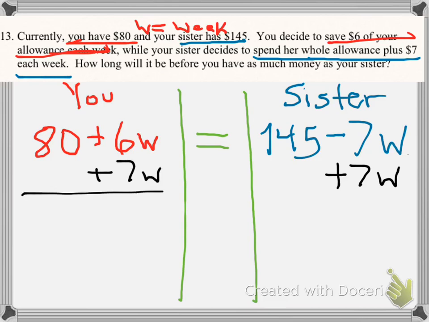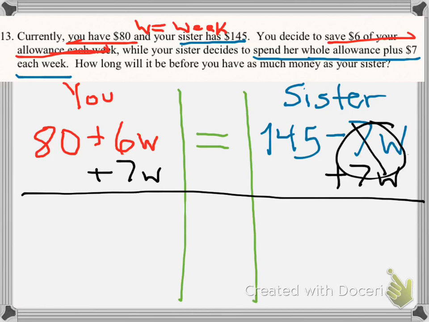The 7W's on the right hand side are going to cancel out, because the plus and the minus cancel out. And then we're just going to bring down everything else. So that's going to be 80 plus 6 plus 7 is 13. So 13W equals 145.